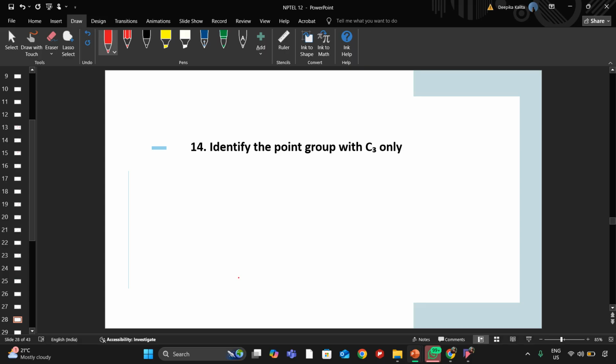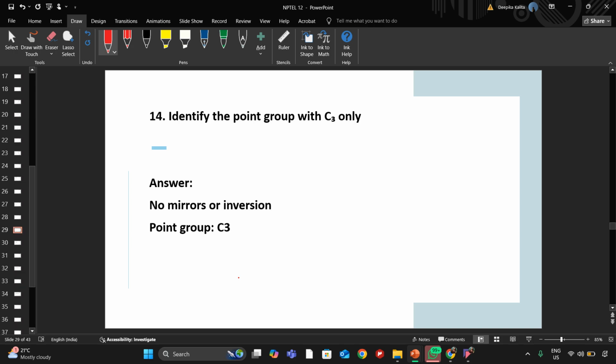Identify the point group with C3 only. So the molecules which will contain only one C3 rotational axis, which is defined as the principal Z axis, will be given the point group C3.